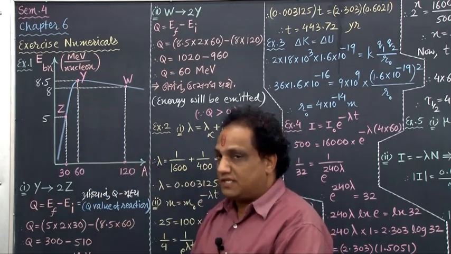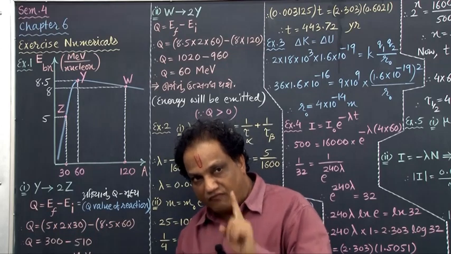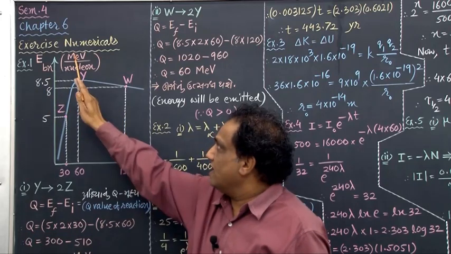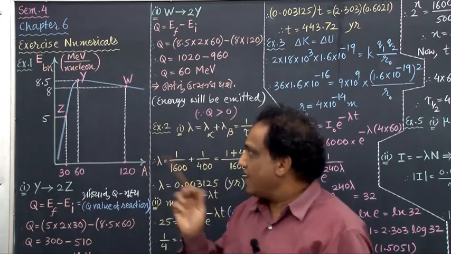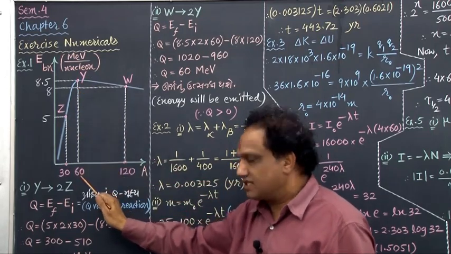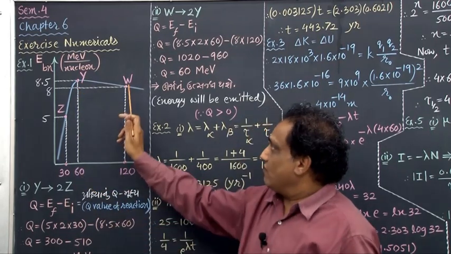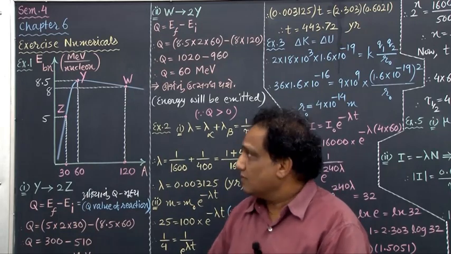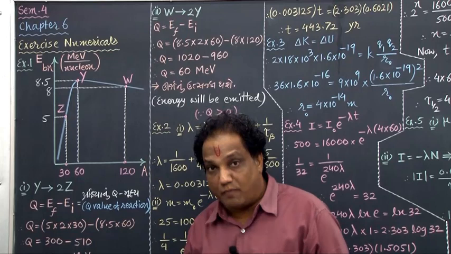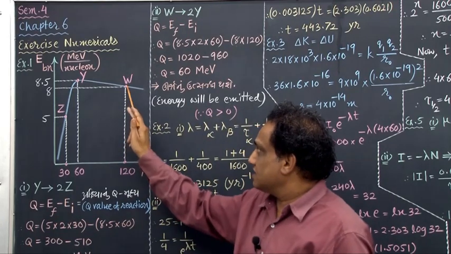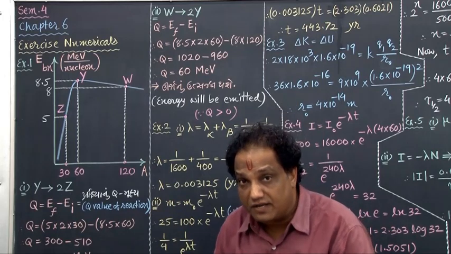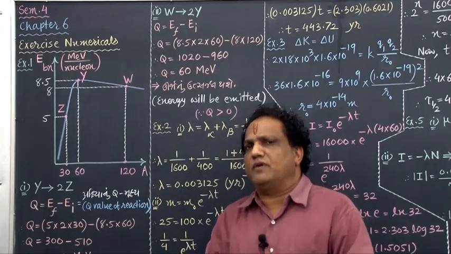For Y nucleus, binding energy per one nucleon is 8.5 million electron volt per nucleon, and for Y nucleus atomic mass number is 60, correct? And for nucleus W, binding energy per one nucleon is 8 million electron volt per nucleon versus its atomic mass number is 120, correct? What do you mean by atomic mass number?